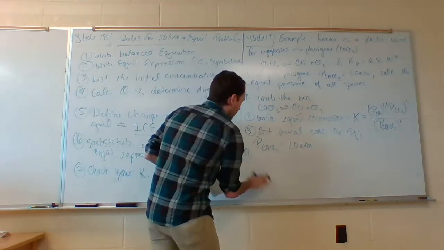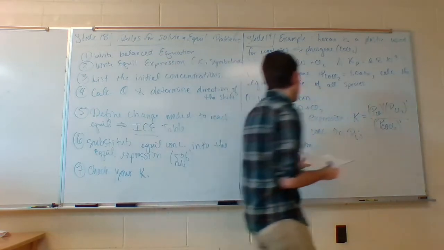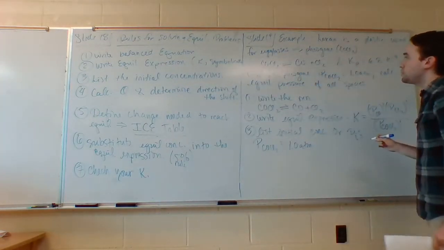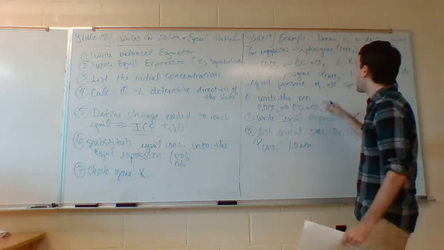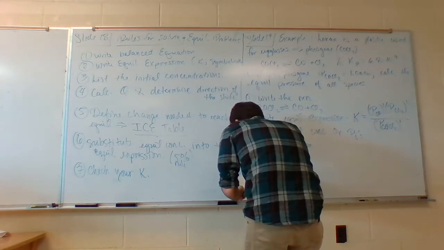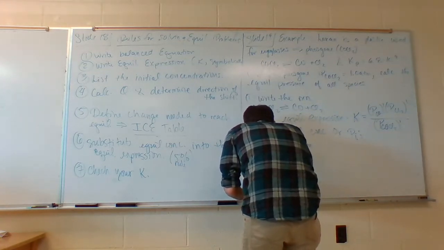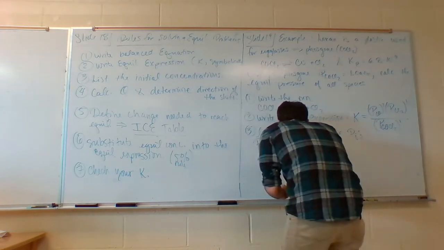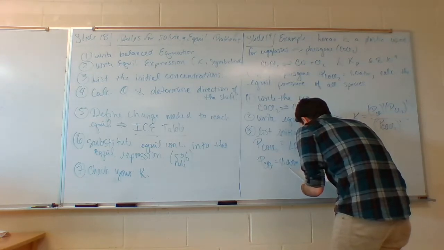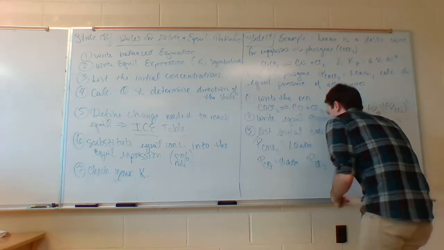Oh, sorry. Now, before we move on, notice that there isn't any information about any of the other species. Okay, that means that they probably are 0. So that means that P of CO is equal to 0 atmospheres, and our P of Cl2 is equal to 0 atmospheres.